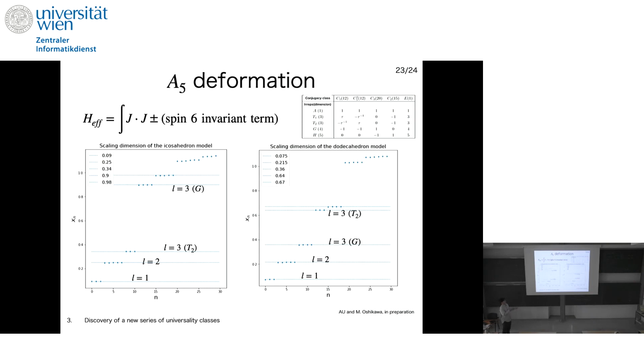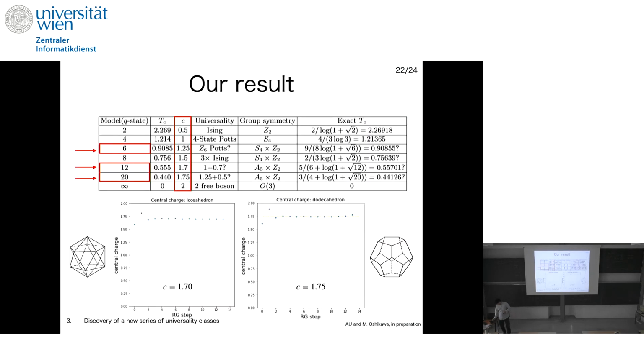The reason why it's spin 6 is that these two models have A5 symmetry. It's hard to explain intuitively, but these two have the same symmetry, A5 symmetry, and these two models are dual in a way that if you put vertices on the center of the faces, you get this model.